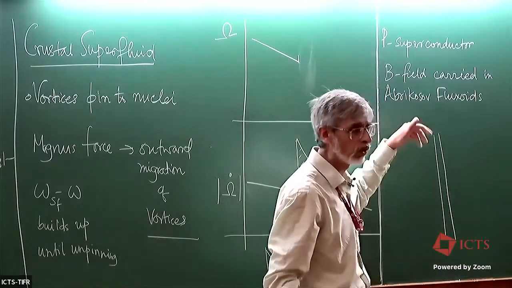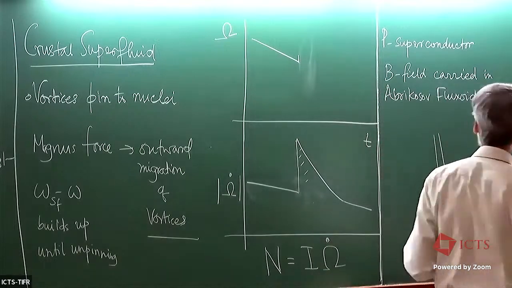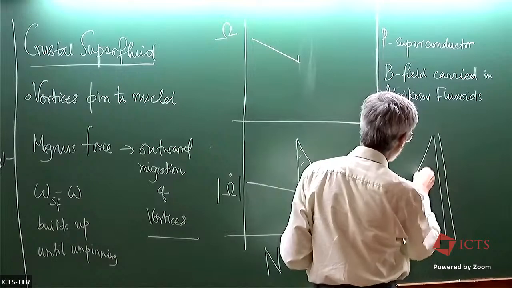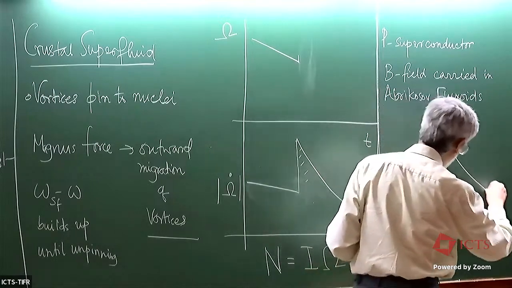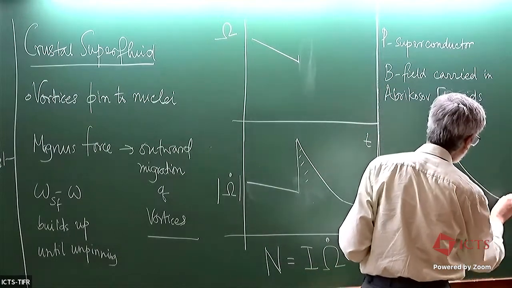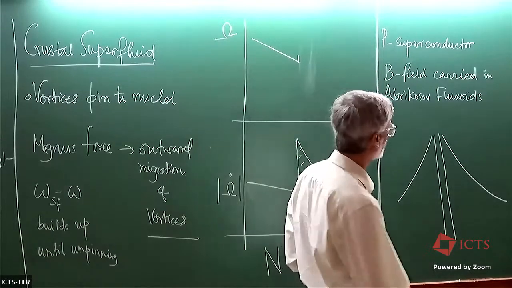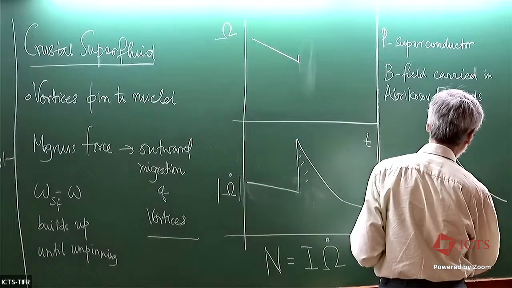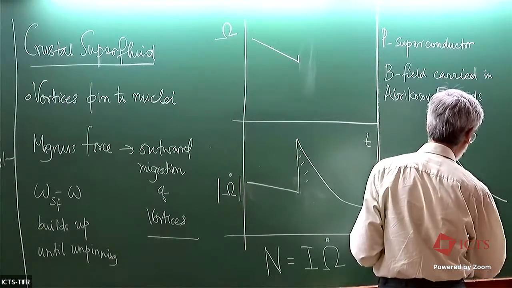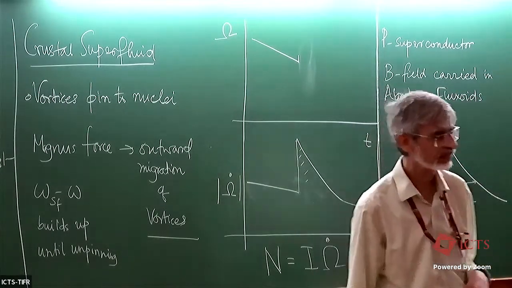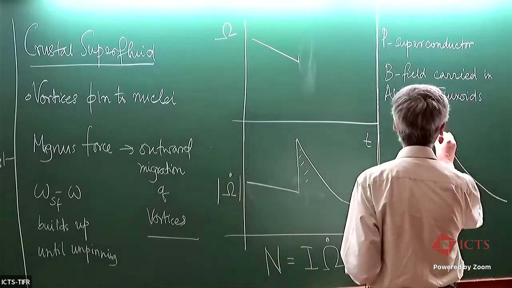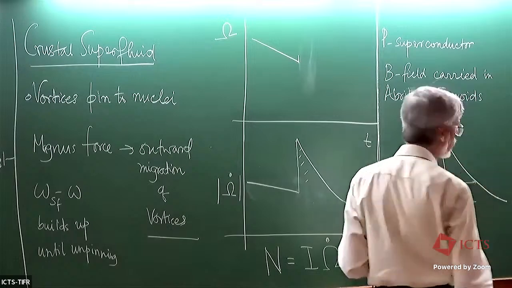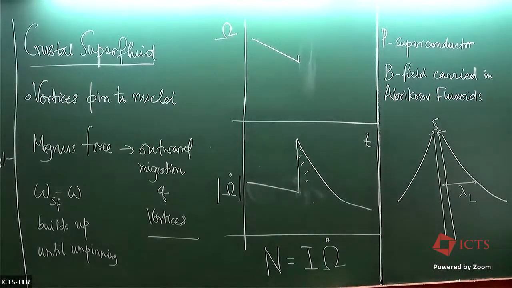They have a normal core through which the magnetic field passes. And around the normal core, there is an exponential screening of the magnetic field. So this is the typical length. The screening length is called the London length. And the core size is called the coherence length, xi.